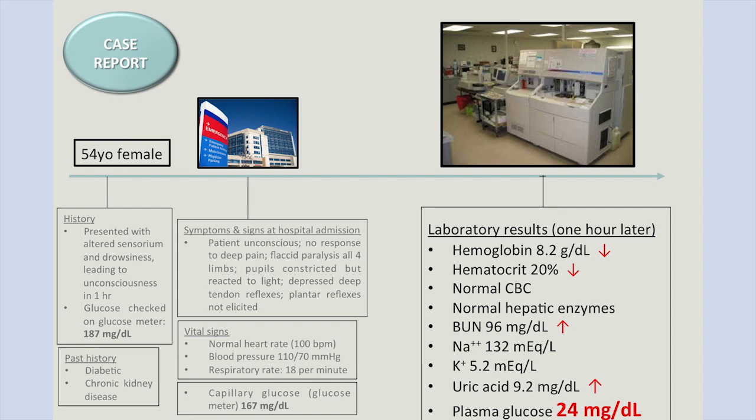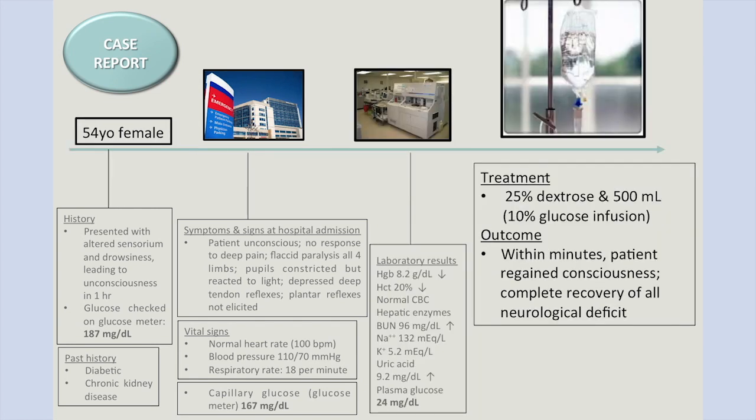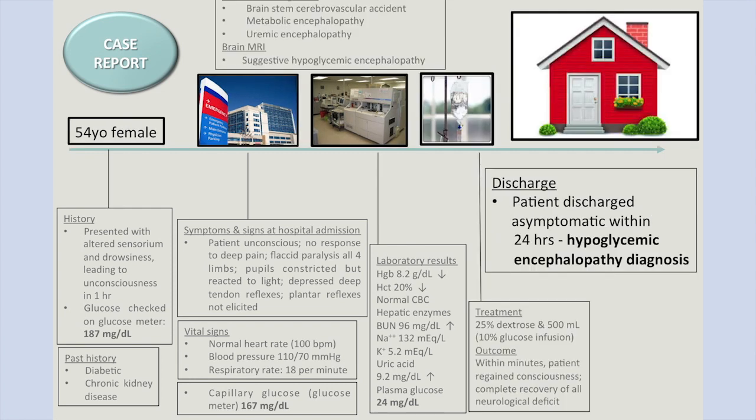So it's justified why the patient is presenting in the manner in which they are. They started treatment with dextrose, and within minutes the patient is regaining consciousness. She was discharged home, diagnosis: hypoglycemic encephalopathy.